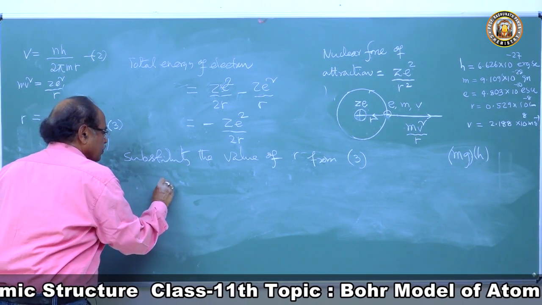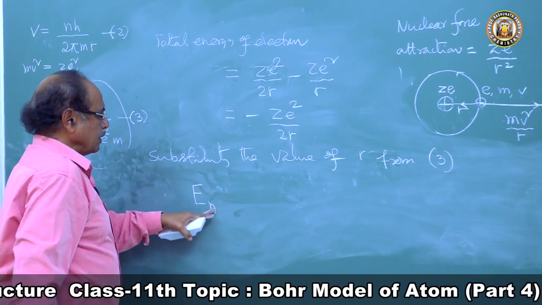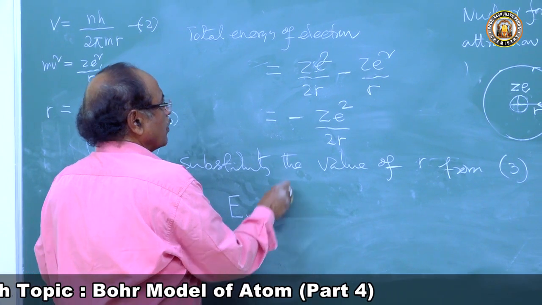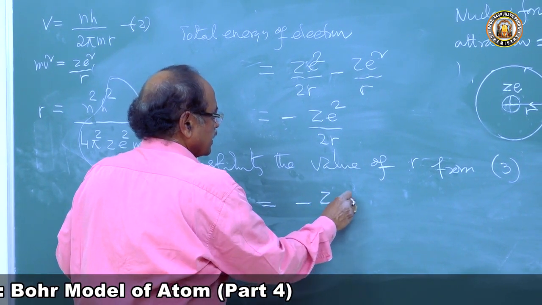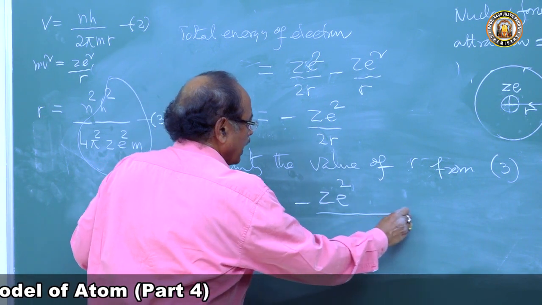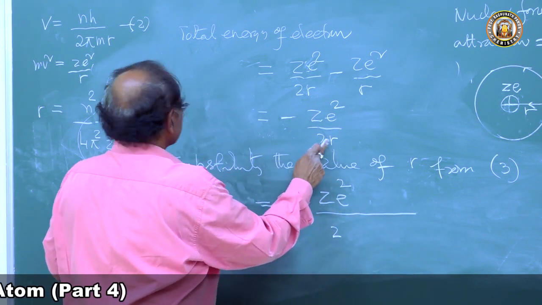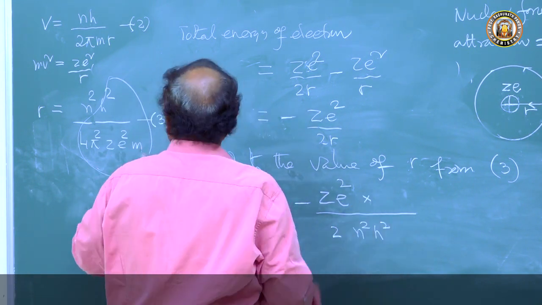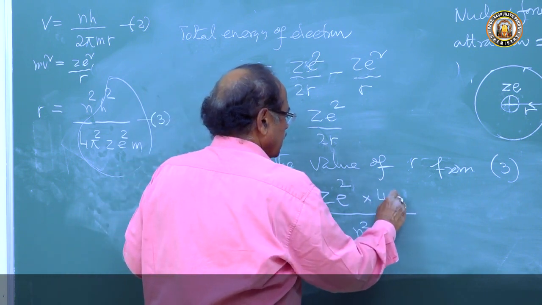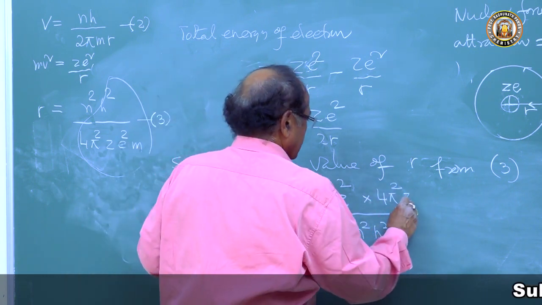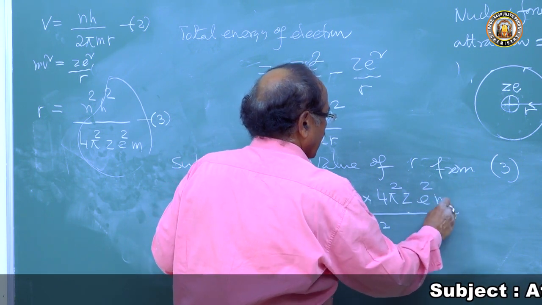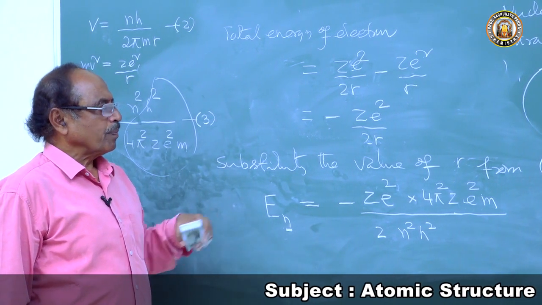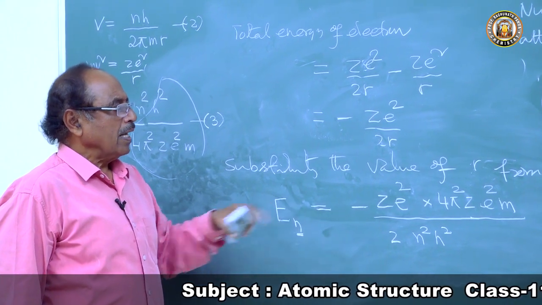So E, the energy of the electron moving in the nth orbit, n is the principal quantum number. En, the energy of the electron moving in the nth orbit, will be what? Minus Z square e square by 2, and r is n square h square by 4 pi square Z e square m. We put this value here.